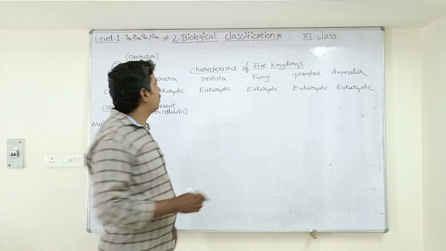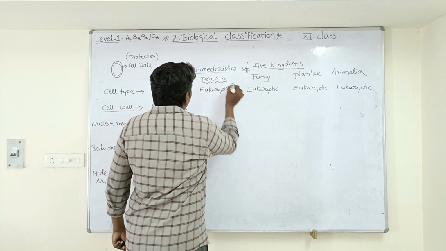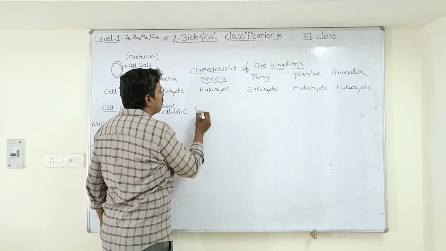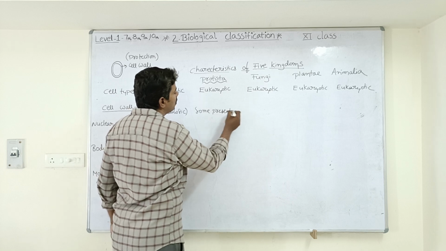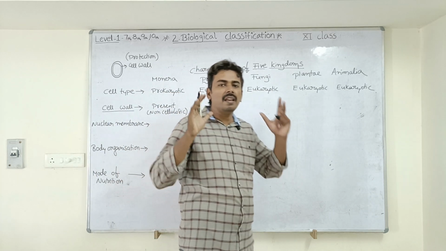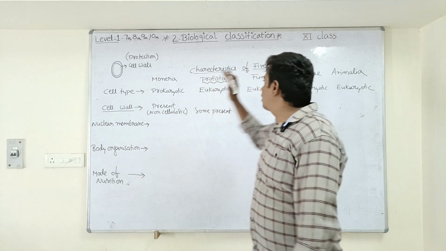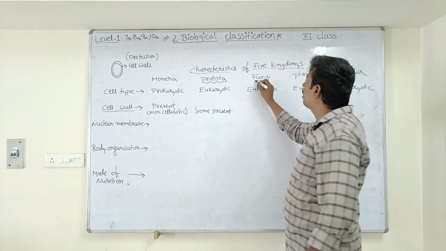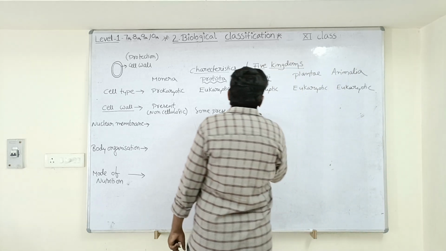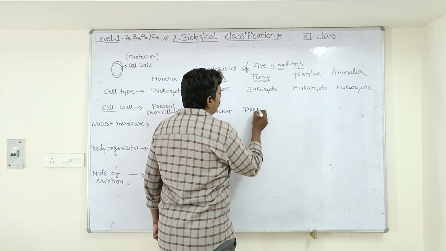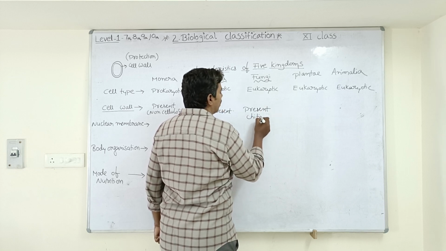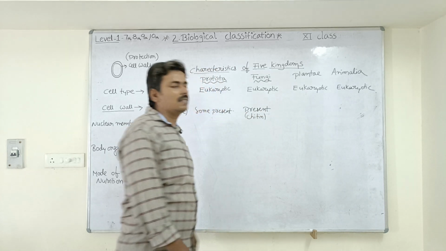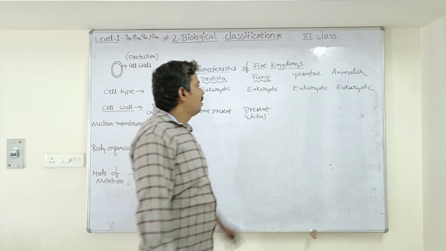Next, coming to kingdom Protista. In kingdom Protista, the cell wall is present only in some organisms, not seen in all. Next, kingdom Fungi. In kingdom Fungi, the cell wall is present, made up of a material called chitin. Chitinous cell wall is present in kingdom Fungi.